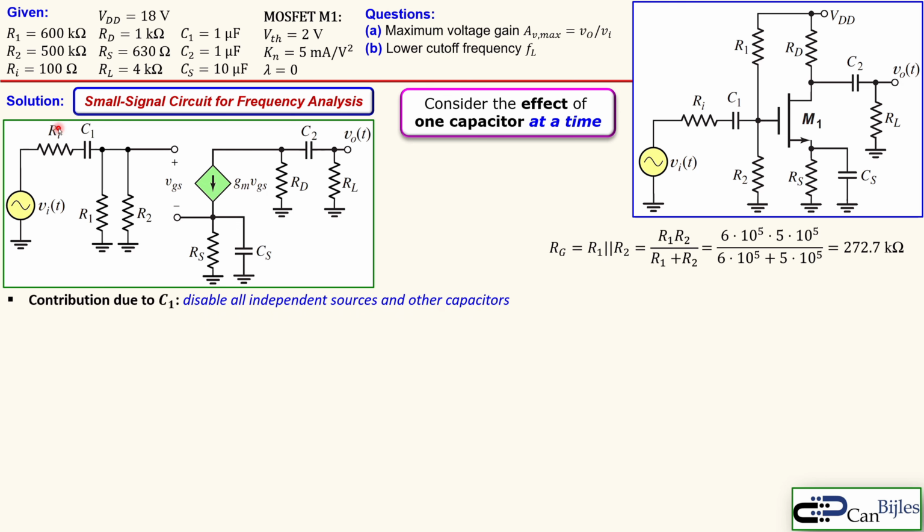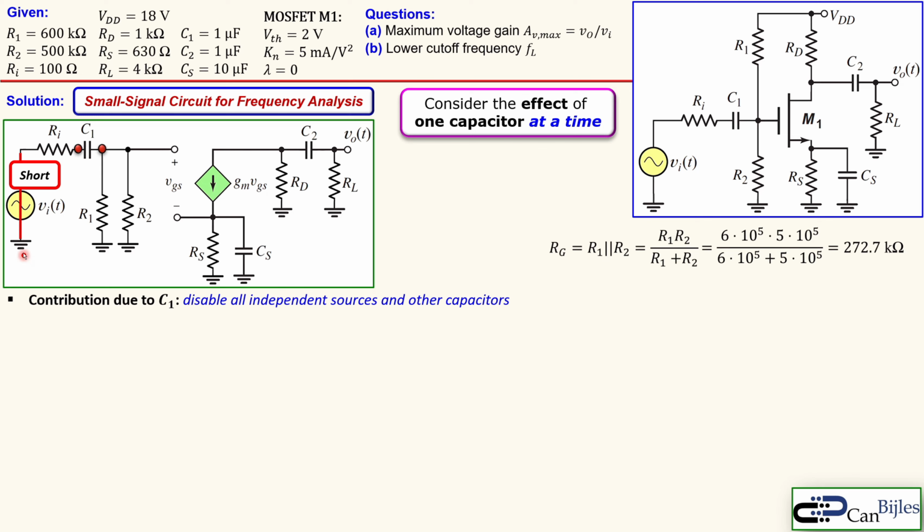So contribution by C1 only, that's what we want to do. What we do is we disable all the independent sources. That means this will be shorted. And we'll also look between the capacitor C1 at what we actually see. All the capacitors will also be disabled, that means these are all shorted. So this VI will be shorted. That's shown here. So gone.